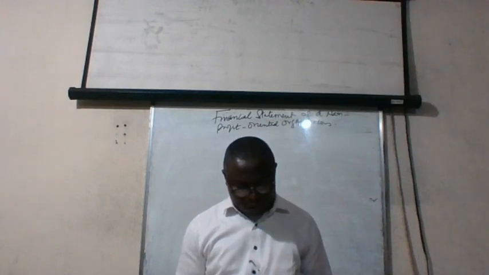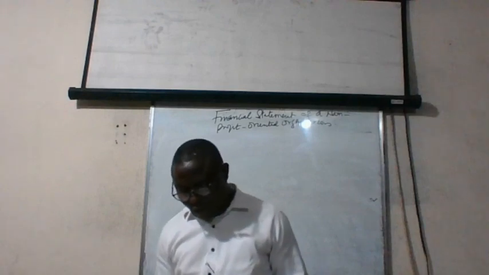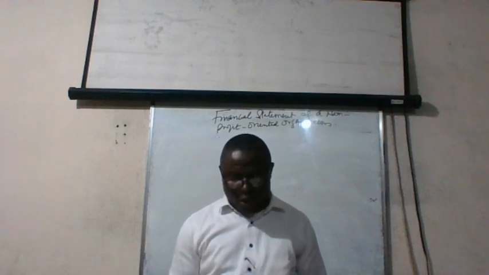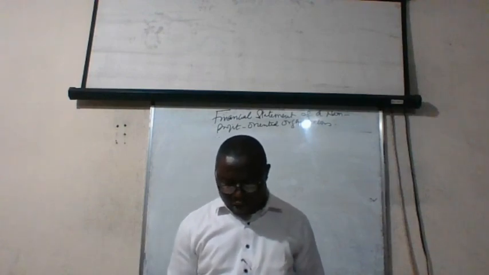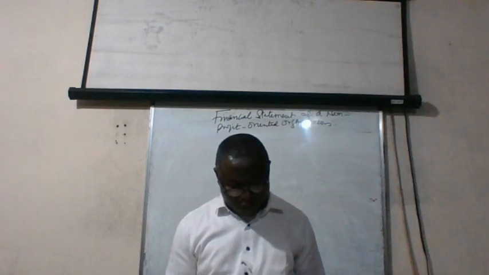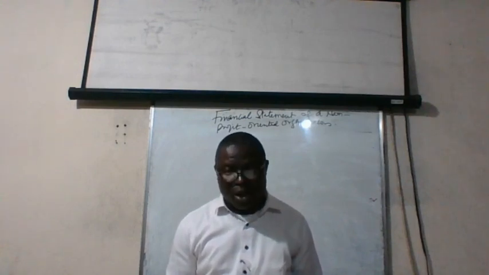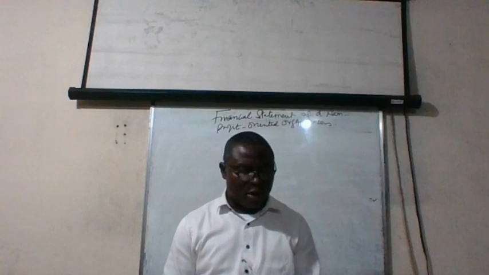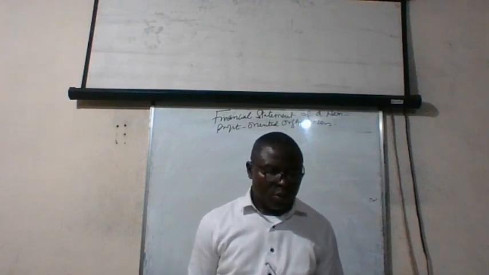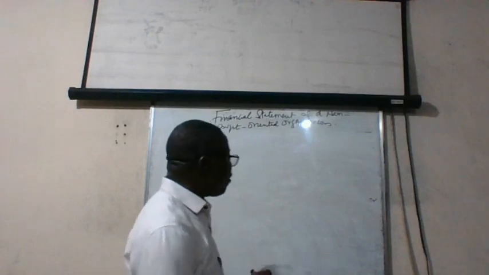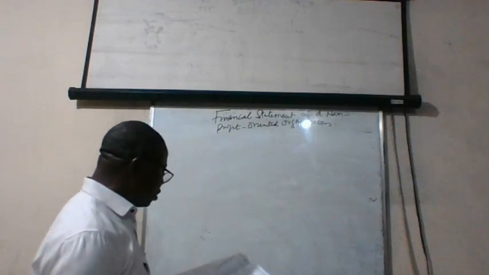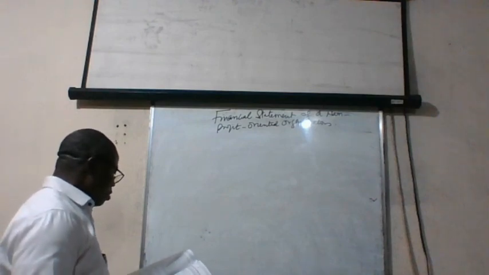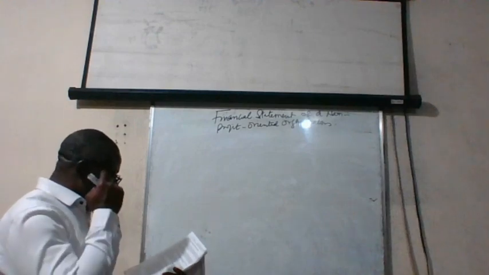Then depreciations: computer 10% of cost, furniture 20% of cost, generator 25% of cost, and textbooks, those publications, straight line method over a useful life of 5 years with a scrap value of 6,000 naira. So here we have some of these questions. We can now take the questions as they are.